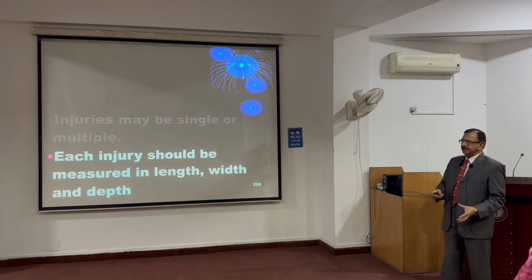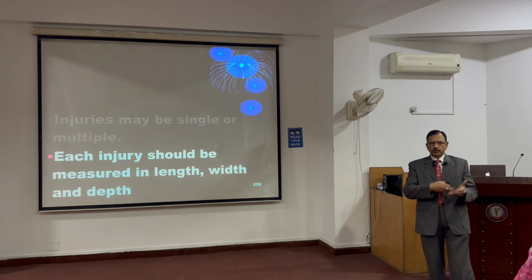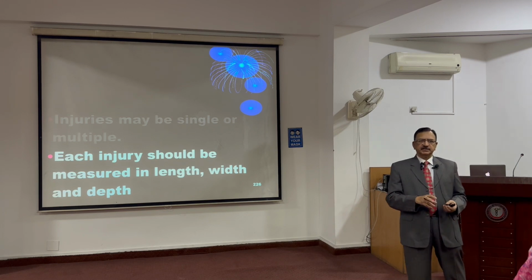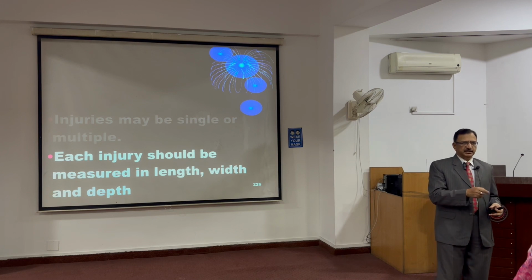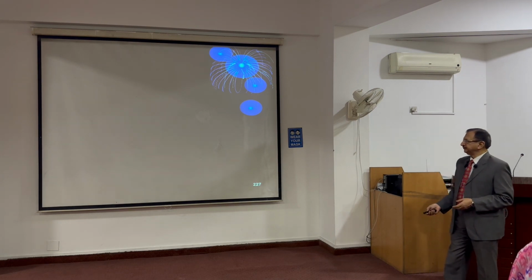If there are multiple injuries, 1, 2, 3, 4 injuries at the same site, you can group them together. A group of 6 injuries located on the front of abdomen, each measuring this size, 1 into 1, 2 into 3. So you can group them together.